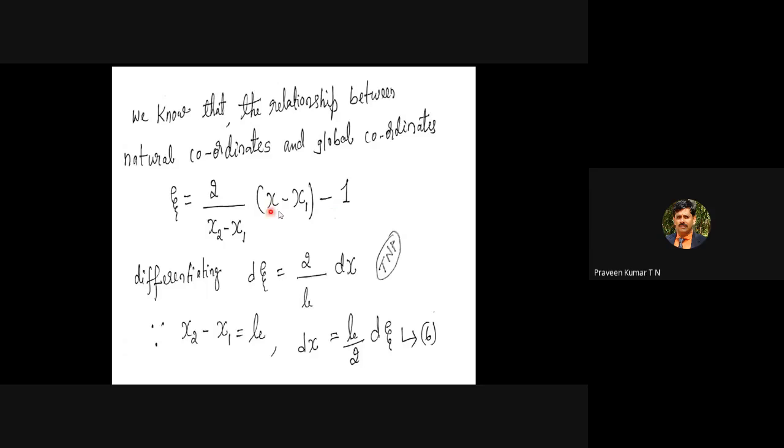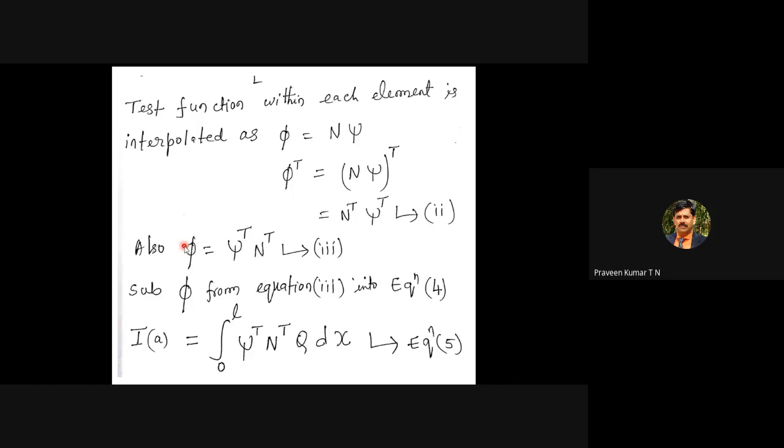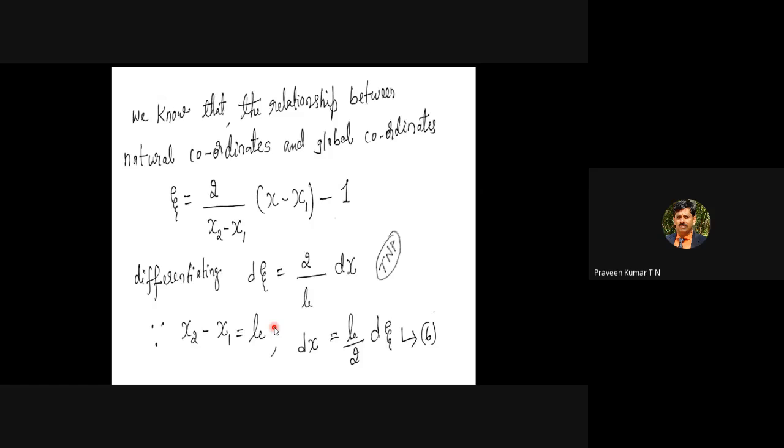Here xi refers to the natural coordinate system, and x1, x2, x refer to the global coordinate system. This equation relates the natural coordinates and the global coordinates. Why use this equation? We have dx, so dx should be expressed in terms of xi, and this limit should be transformed to minus 1 to plus 1. Hence you are writing each and every piece of information in terms of natural coordinates.